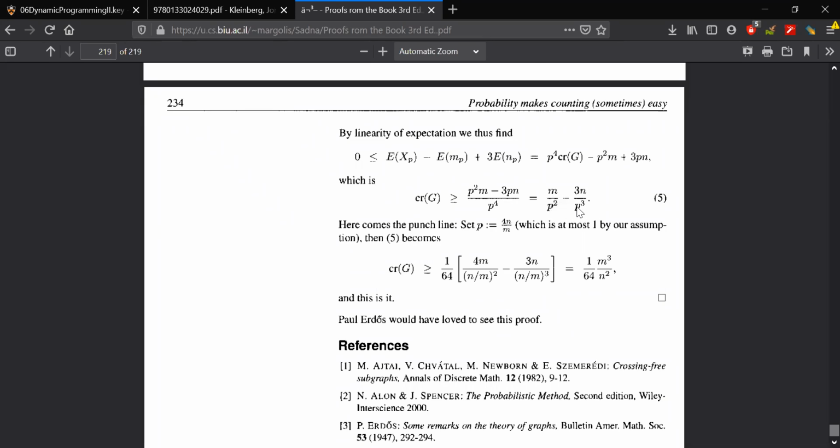This process of maximization has nothing to do with the fact that you are going to interpret p as a probability, or that m and n are coming from a graph. It's just an equation that you're solving. When you solve that, let's say you get 4.5 n by m, and it might be possible that for some graphs 4.5 n by m is larger than 1.